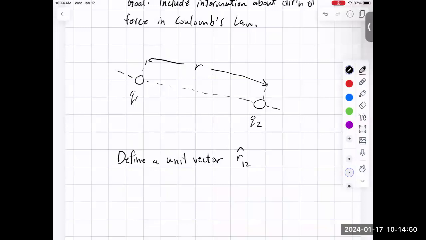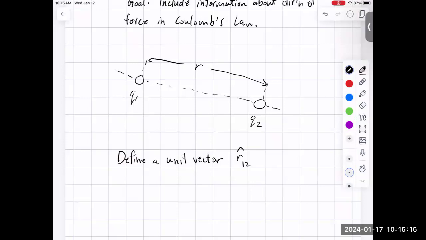So a unit vector has only two properties. One is that its length is always 1. No matter what, if you call something a unit vector, unit means 1, and so it has a length or a magnitude equal to 1. And its other property is just a direction. And we get to choose how we specify that direction. Could be along the x-axis, y-axis, z-axis.